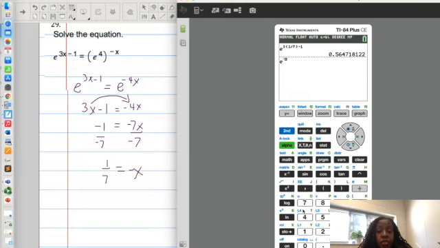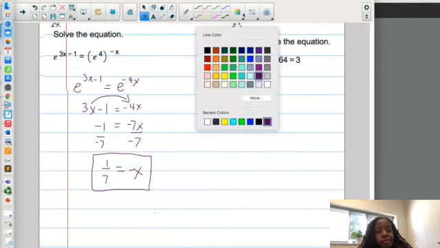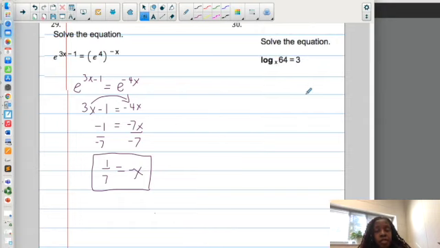Negative 4 times 1 divided by 7. Ta-da! Same value. So 1/7 it is. We win.